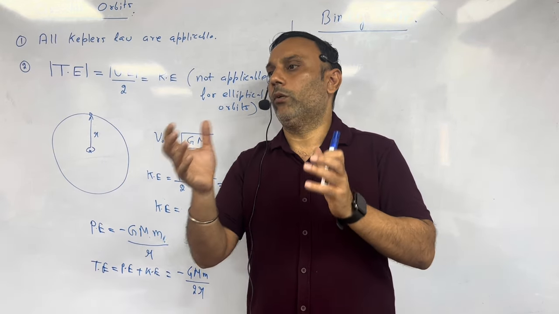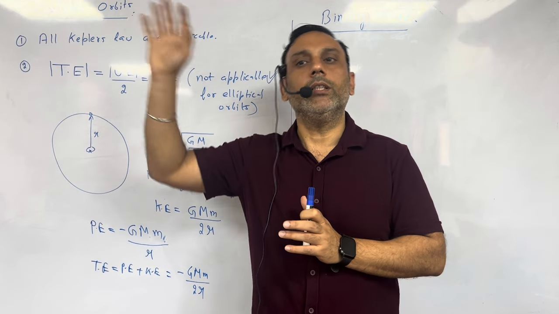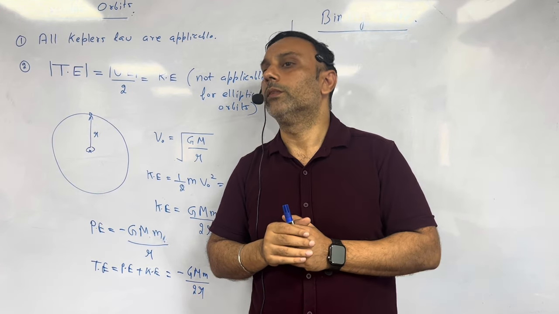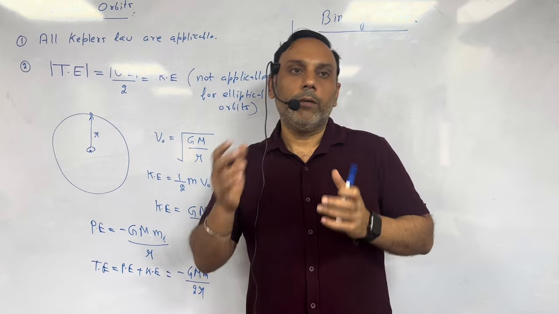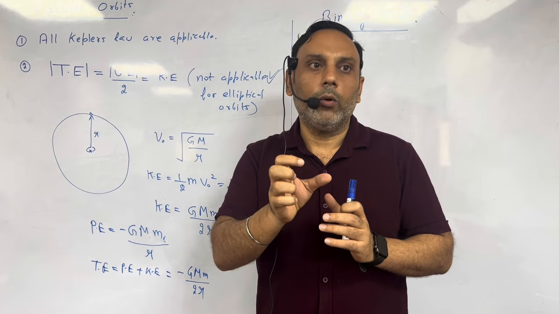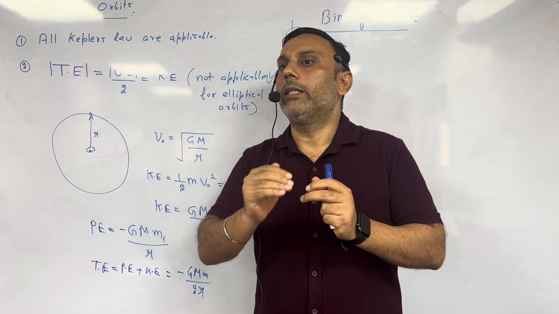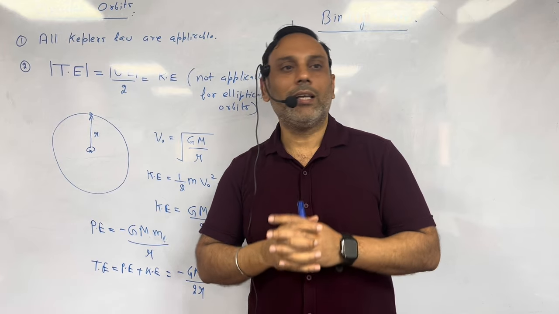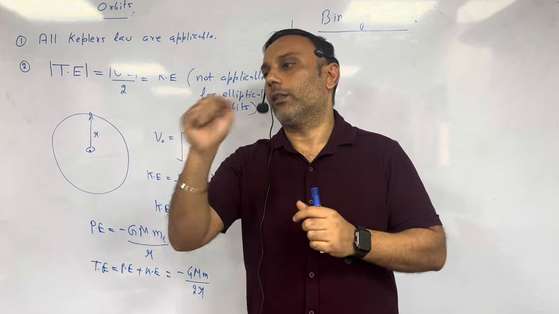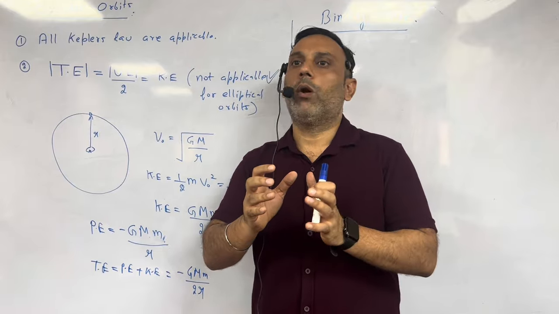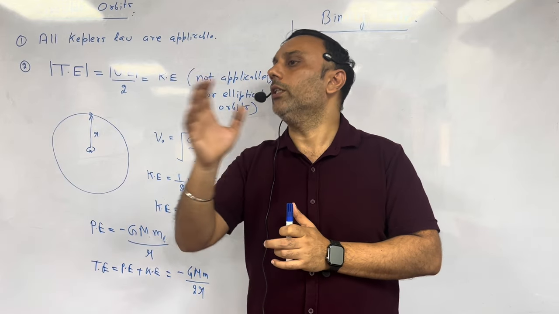So if the required velocity is minimum, then velocity at infinity is zero, and potential energy was also zero. So total energy was what, beta? Zero, right? If we can make the total energy of a satellite or a planet zero, it is entering into a non-bounded region. It can overcome the gravitational pull of Earth. A planet can overcome the gravitational pull of the Sun if you make its total energy zero.